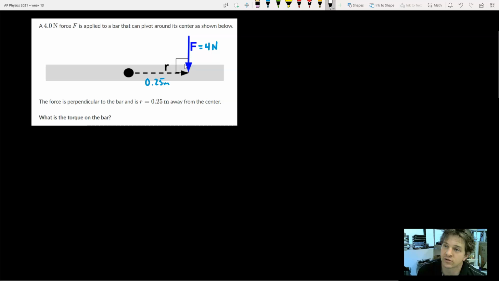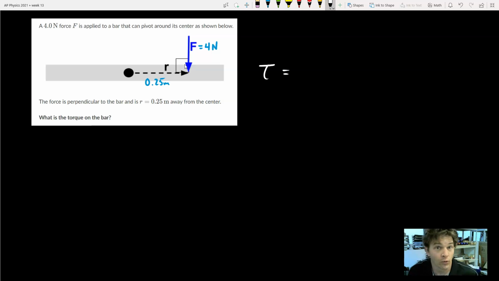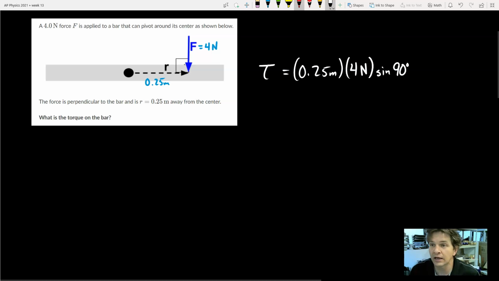So when I plug all this stuff in, I would have torque is equal to a radius of 0.25, a force of 4 newtons, and the sine of 90 degrees. Well, sine of 90 degrees is equal to 1.